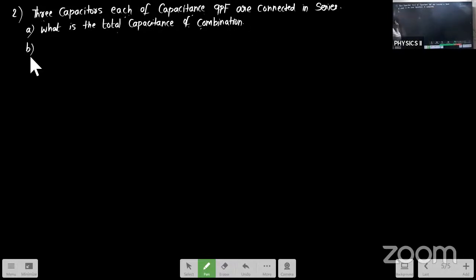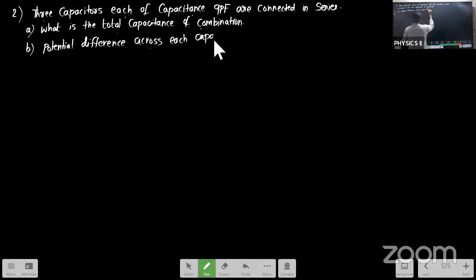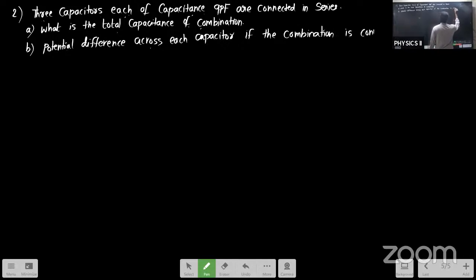He is asking you to determine the potential difference across each capacitor if the combination is connected to a 120 volt supply.